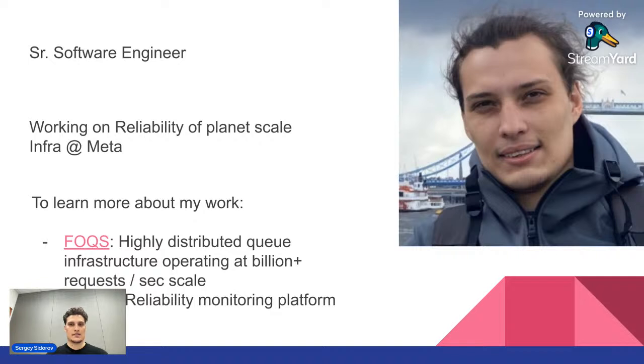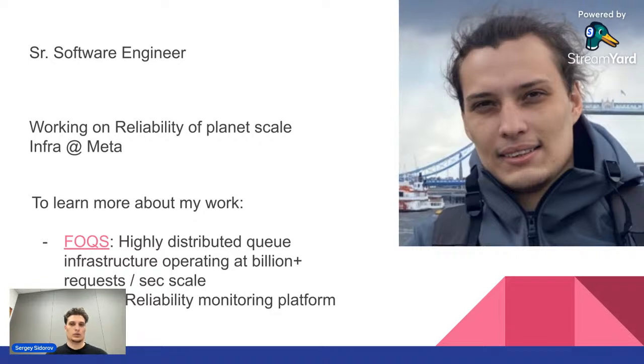And this system is at massive scale, operating at billions of requests per second. And it definitely has reliability challenges, and it definitely requires safety measures to make sure that a tiny change doesn't impact users across the globe.